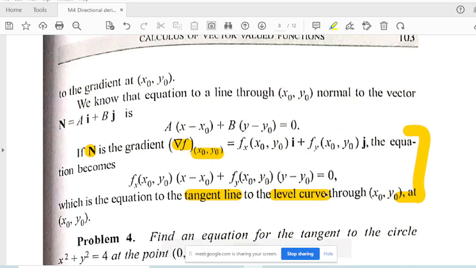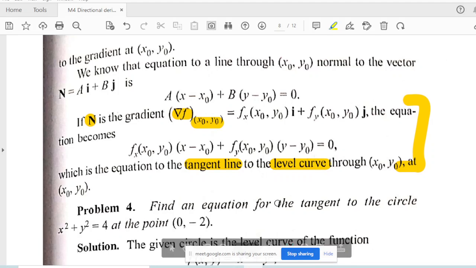Note one particular thing: even though we keep saying level curve, it doesn't mean that it is a curve. At a higher level, when we say level curve, it can be a line, it can be a surface, it can be something of 3 dimension, 4 dimension, infinite dimension, but we still use the term level curve.